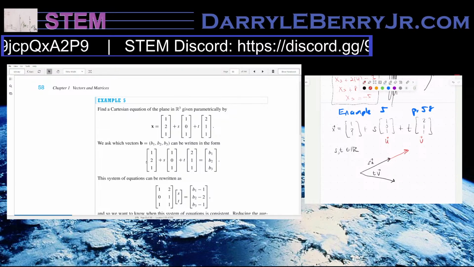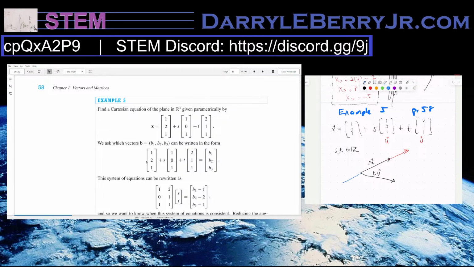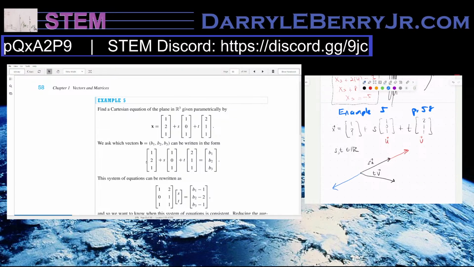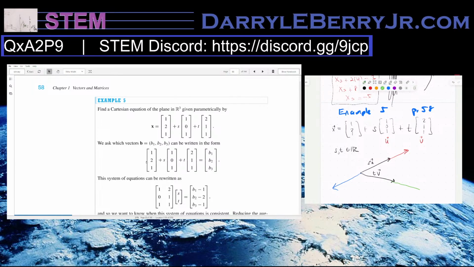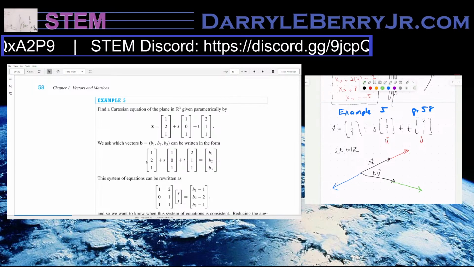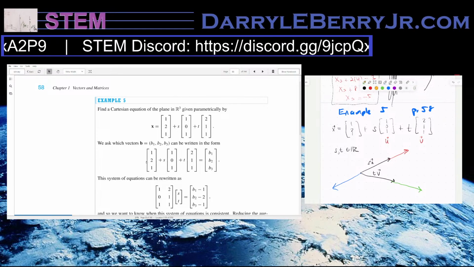Maybe if S is negative, it'll go in that direction. And the same thing, T will scale V, and T might reverse and go in the other direction as well.